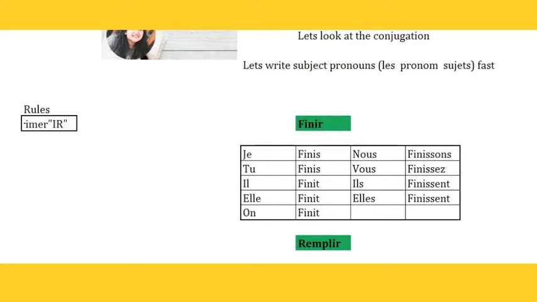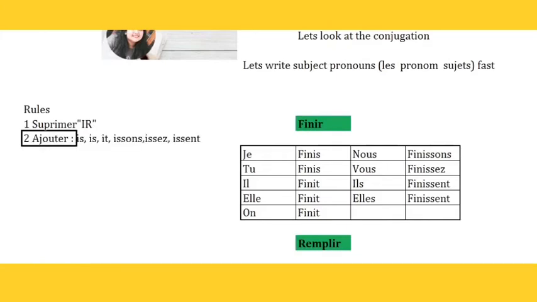Now the second rule is we are adding these endings: IS, IS, IT, ISSONS, ISSEZ, and ISSENT.